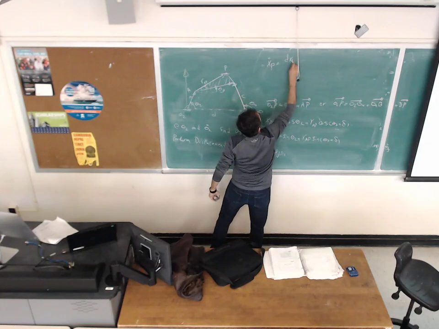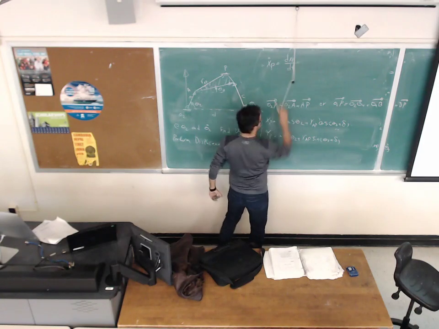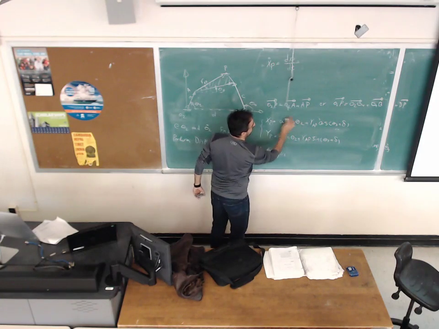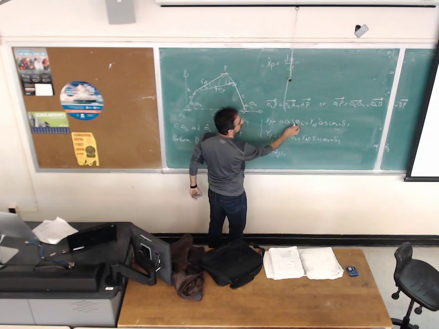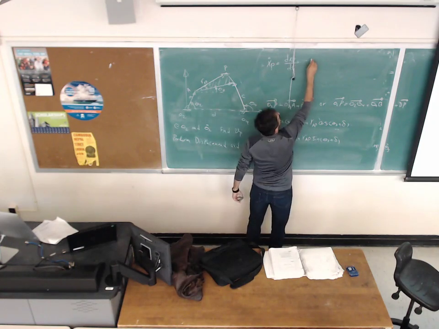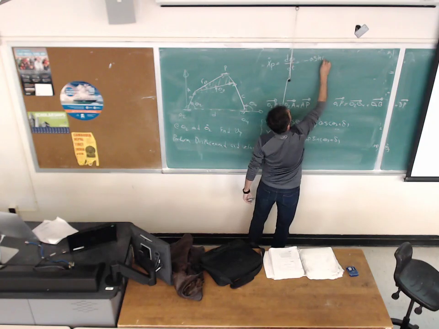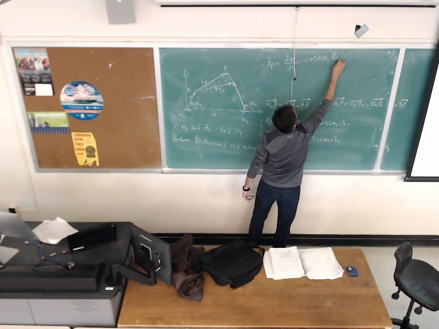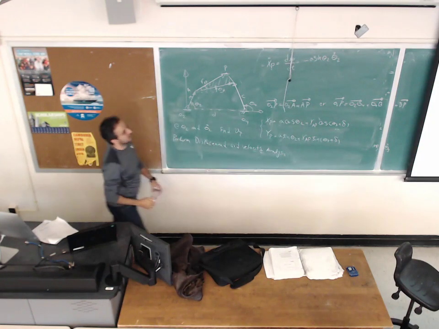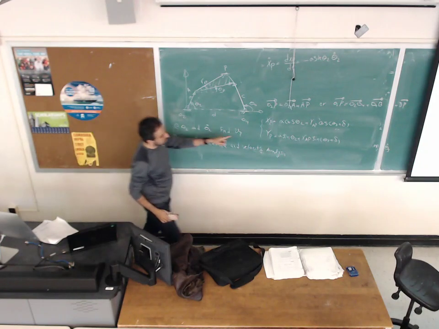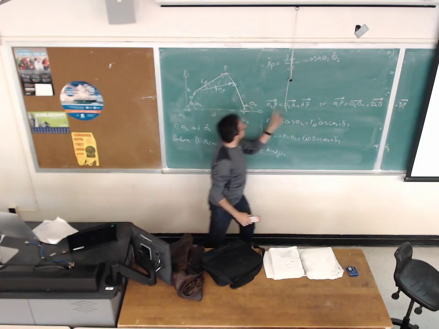The derivative of x_P with respect to time: for the first term, a is constant, theta 2 is varying, so negative a sine of theta 2, theta dot 2. R_AP is not changing.